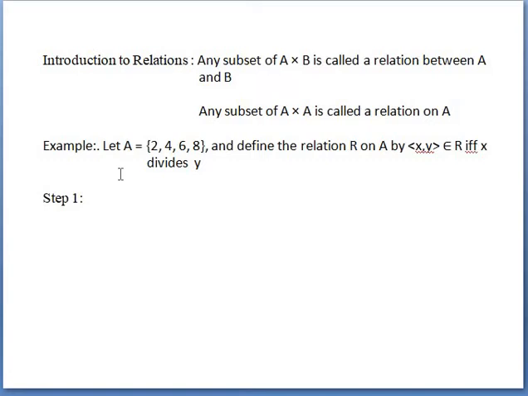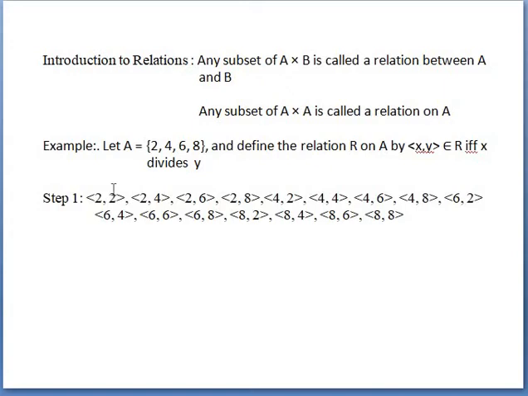Here, the two sets will be A and A. So the ordered pairs will be (2, 2), because if I take the element from set A, and the next set is also A, then I will get (2, 2), then (2, 4), (2, 6), (2, 8).